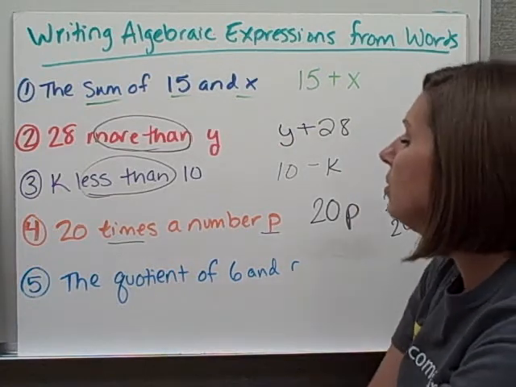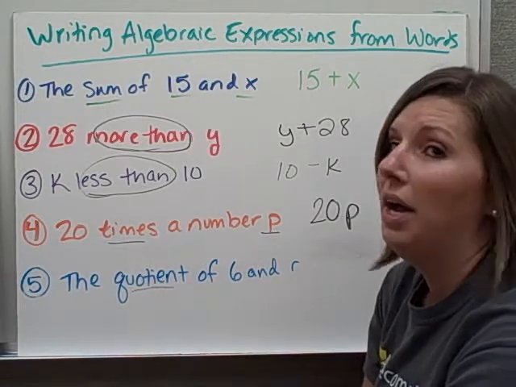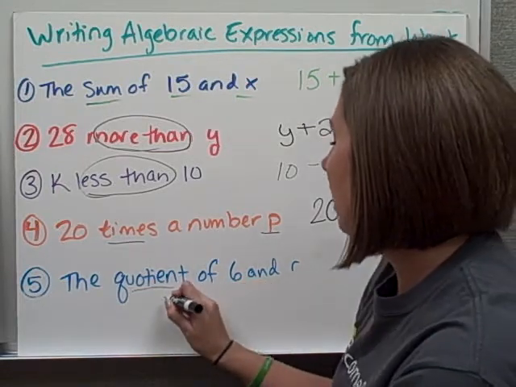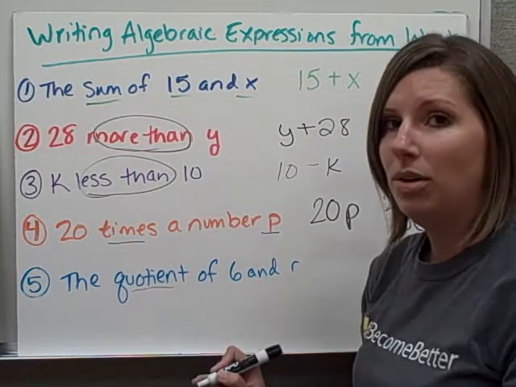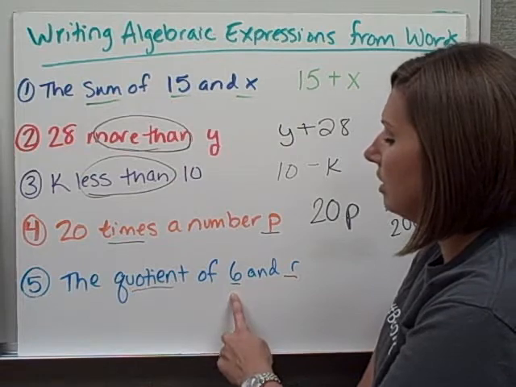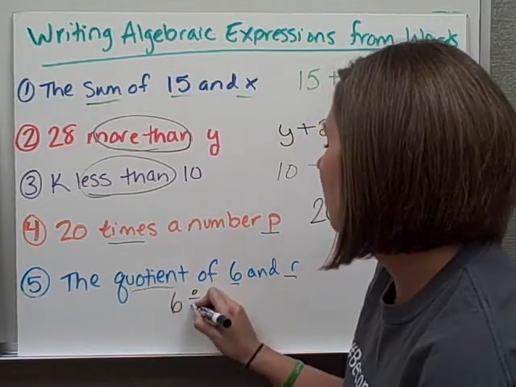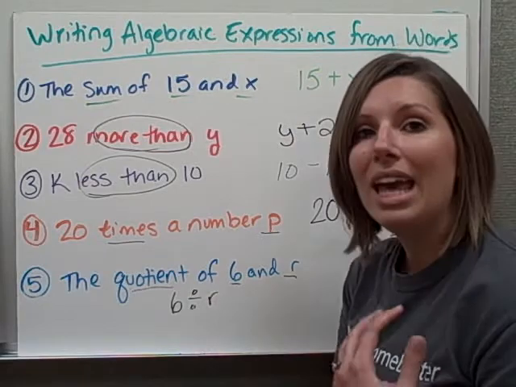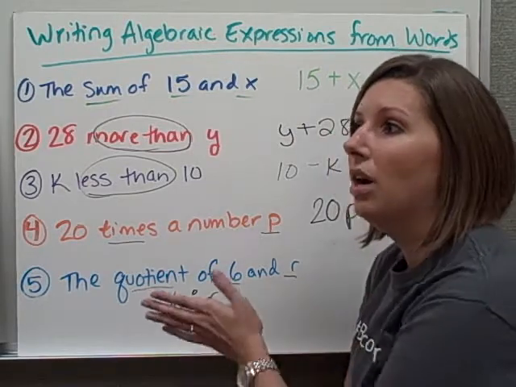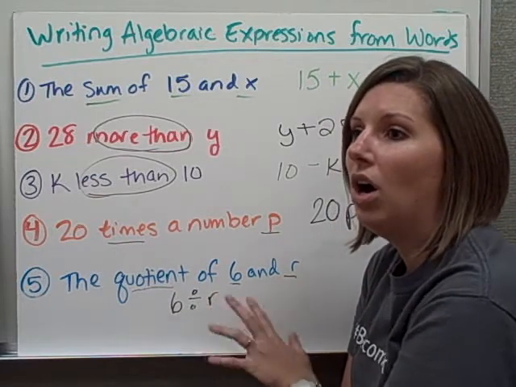The last one, the quotient of 6 and r. Quotient means divide. So I could write it using a division symbol, and we're going to write it in the way that we see it here, 6 coming first and then r coming after it. 6, I can use a division symbol, but again, we're going to start removing this from our vocabulary.